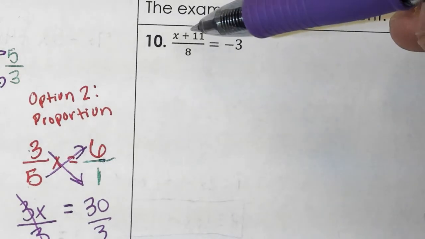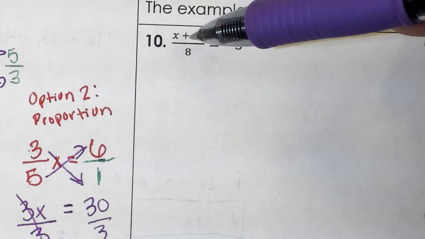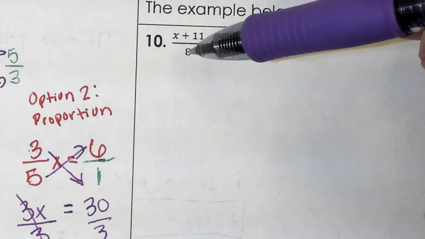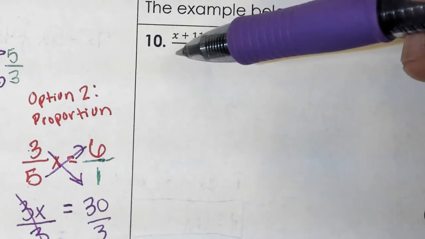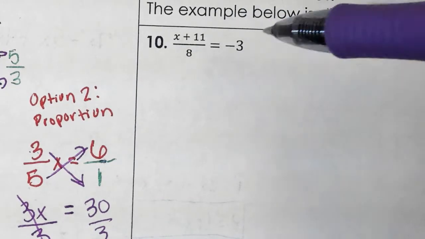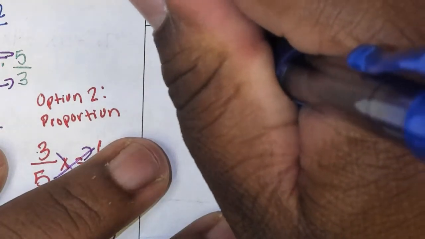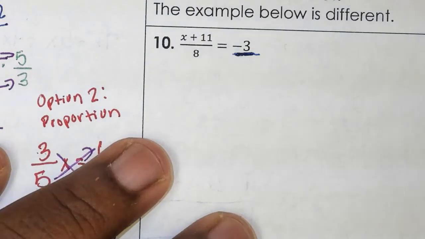With reciprocal, you have to understand you're not flipping this whole thing, because I'm really just trying to get rid of 8. The reciprocal would really be 8 over 1. I would not move all this. So on this one, I'd rather just teach y'all the proportions because I don't want y'all to be confused. We create a proportion here.